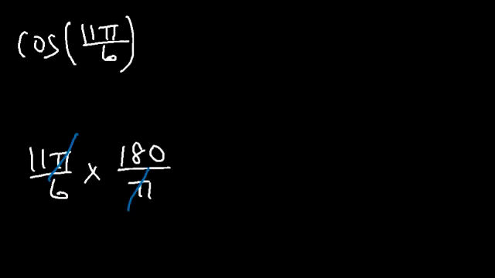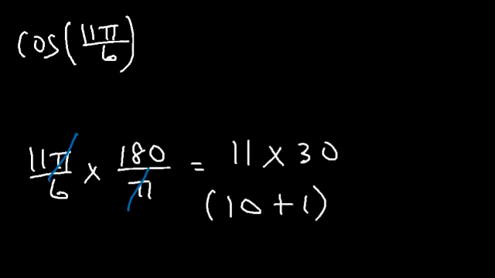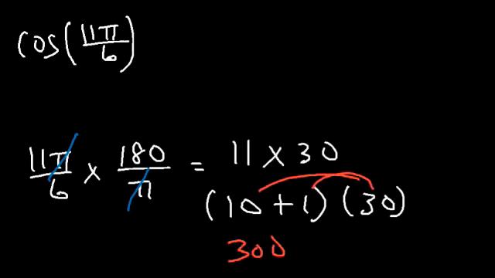Now, 18 divided by 6 is 3, so 180 divided by 6 is 30. What we have is 11 times 30. 11 is 10 plus 1, so let's distribute the 30. 30 times 10 is 300, and 30 times 1 is 30, so this is 330. What we have here is cosine 330.